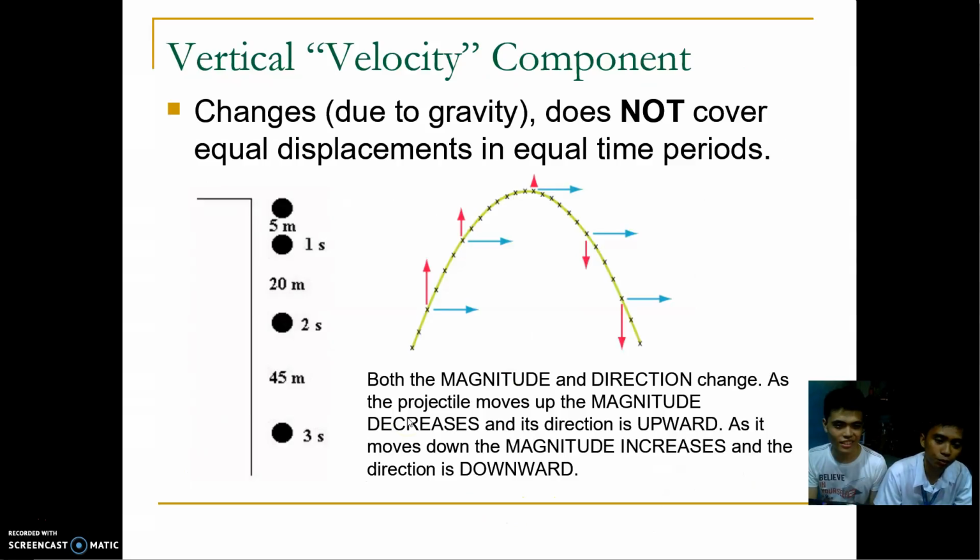So next is the vertical velocity component. It changes due to gravity and does not cover equal displacements in equal time periods. So both the magnitude and direction change. As the projectile moves up, the magnitude decreases and its direction is upward. As it moves down, the magnitude increases and direction is downward.